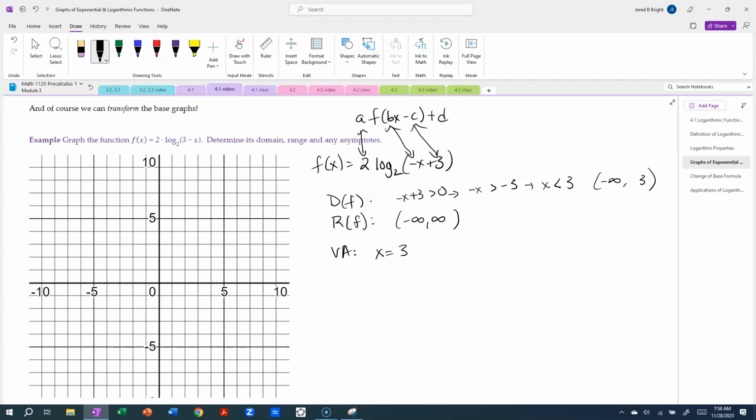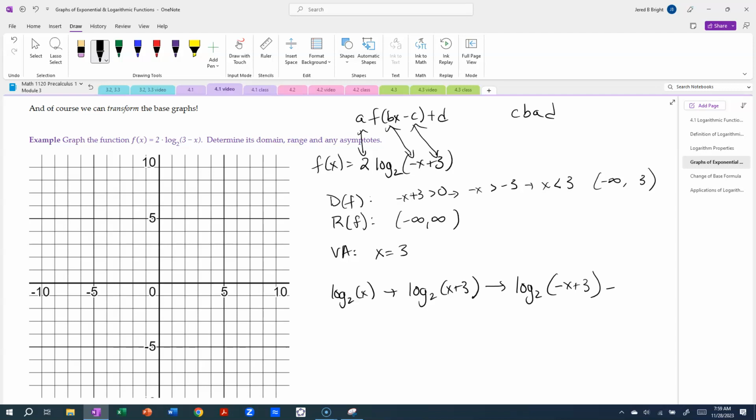So now, how do I graph this function? What I'm going to do is remember my transformations. I'm going to start with log base 2 of x, and then I have to remember CBAD, right? So I go from here to log base 2 of x plus 3, which is a horizontal shift to the left by 3 units. And then log base 2 of negative x, so this is the b.